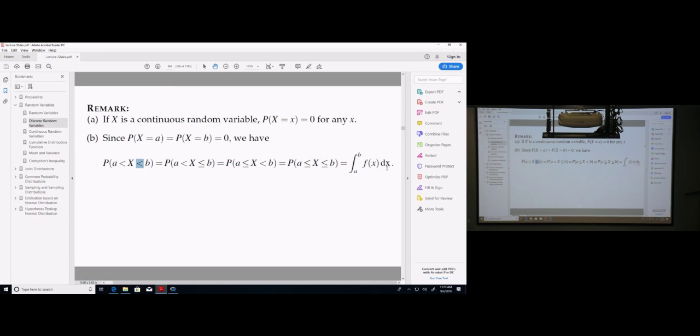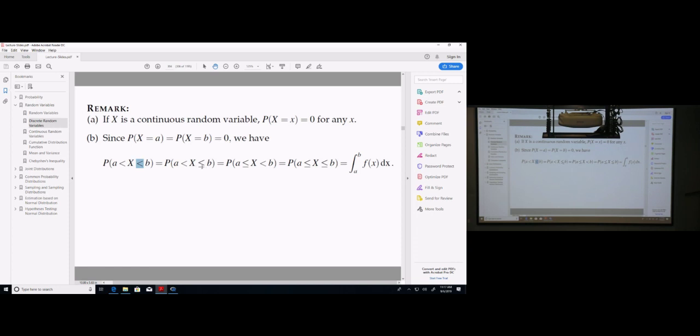Now this is in stark contrast with the discrete case, because for a discrete random variable, these two will differ by the probability of X equal to b.